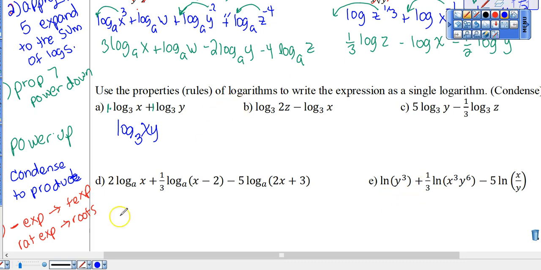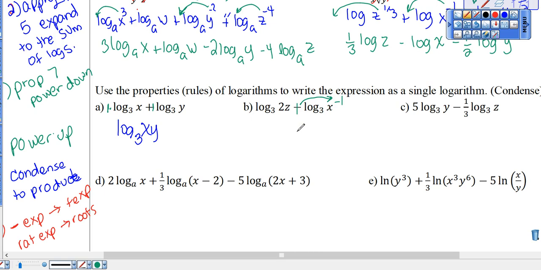Okay, part B. So picking up your green pen again, I do want to power up this one. This is a -1. So watch me. When I power that up, I'm going to change it to addition. So now it's going to be a product, not a quotient.